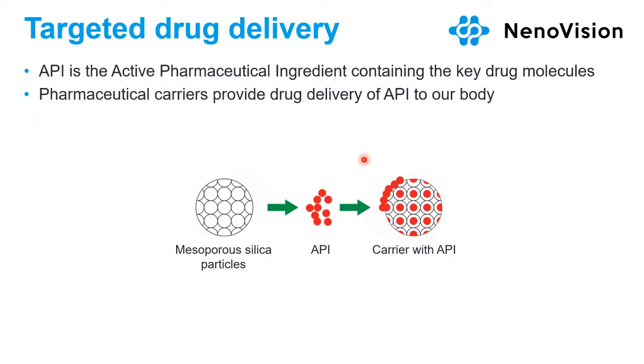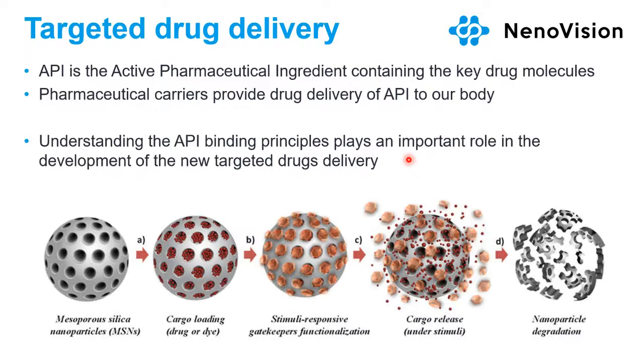So we need to bind the API somewhere on the particle and then get it into our body, and then chemical reactions in order to get it where it's supposed to be. And so the understanding of API binding principles plays an important role in development of new targeted drugs delivery. So as we see here, the API in the red can be bounded in different ways.